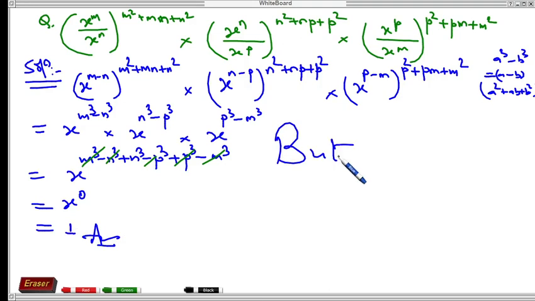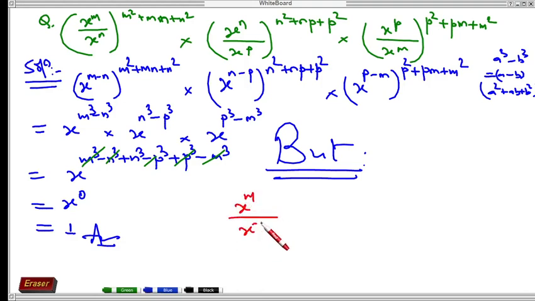The solution is completed, but sometimes you may be given an alternative question. I mean, instead of that, suppose you are given x to the power m over x to the power minus n, to the power m square minus mn plus n square, and in this pattern it is given.